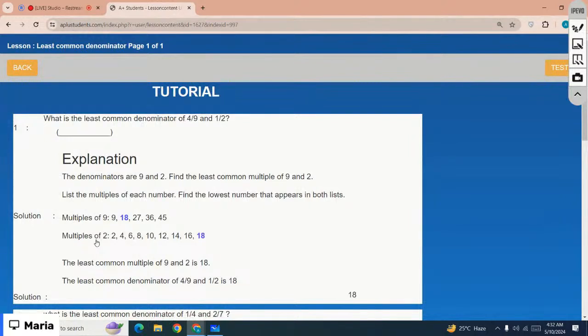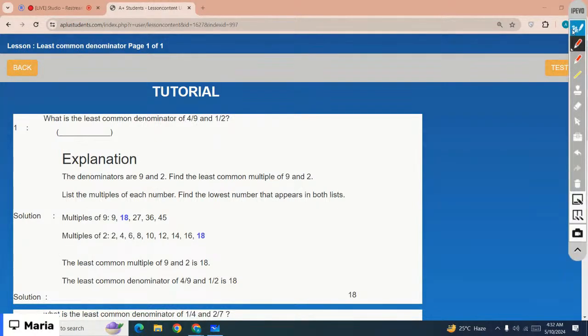What is the least common denominator of 4 over 9 and 1 over 2, right? The denominators are 9 and 2. You have to write down the multiples of both the numbers. So the multiples of 9 are 9, 18, 27, 36, 45. And here are the multiples of 2. So the least common multiple of both the numbers is 18.